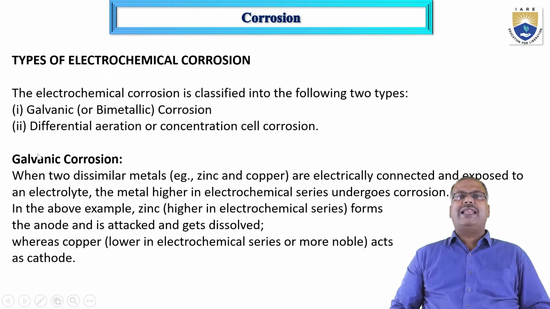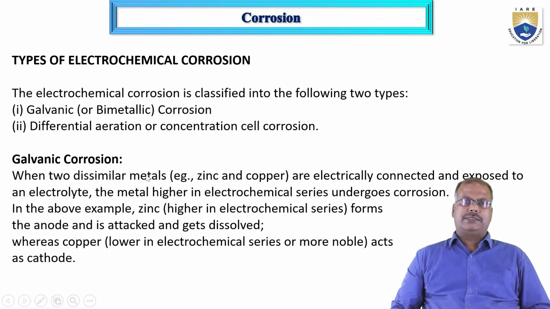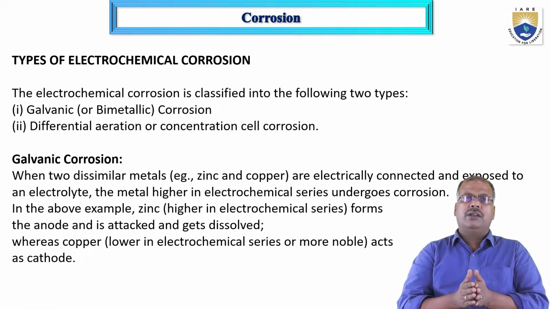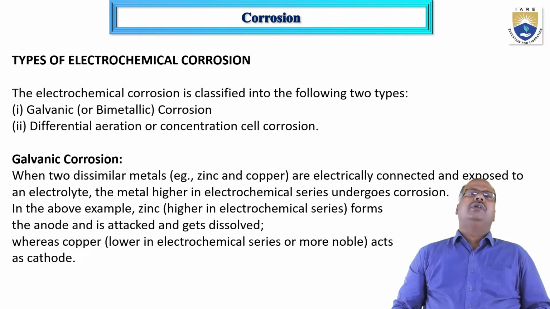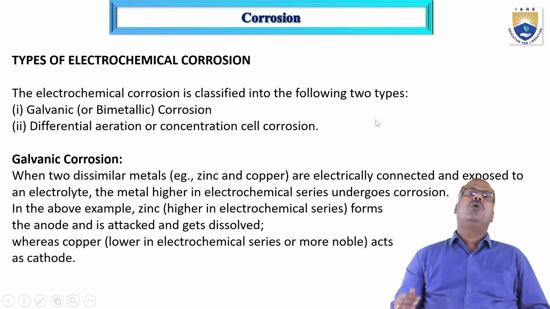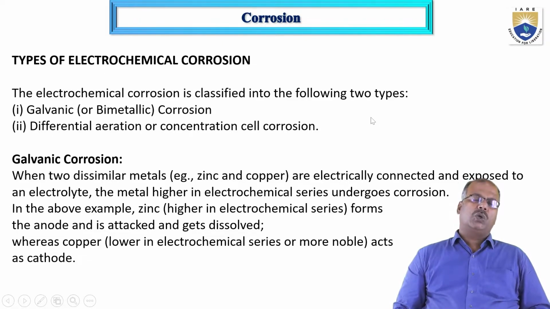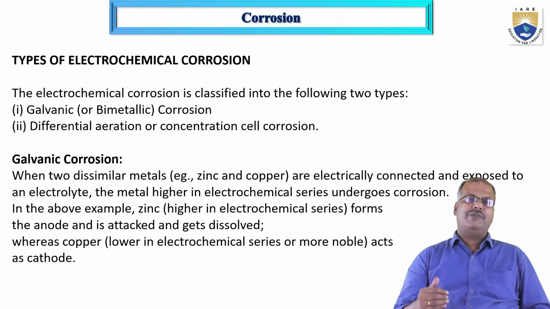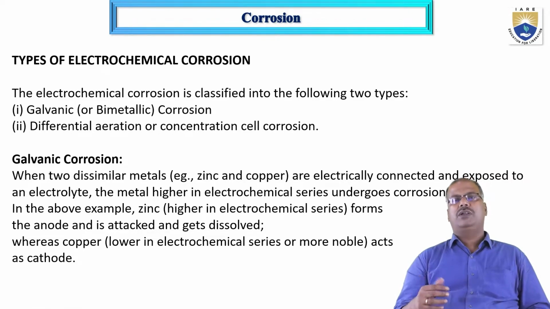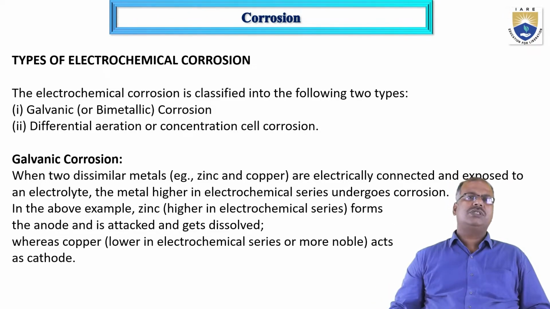First, what is galvanic corrosion? When two dissimilar metals, meaning their electrode potentials differ greatly, for example zinc and copper as in galvanic cells, are electrically connected and exposed to an electrolyte, the metal higher in the electrochemical series undergoes corrosion. The metal having the more negative reduction potential undergoes oxidation, that means corrosion.